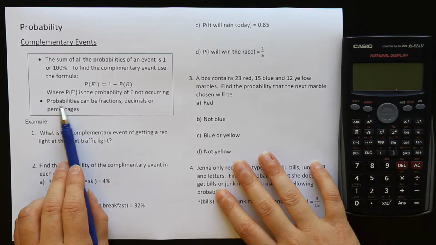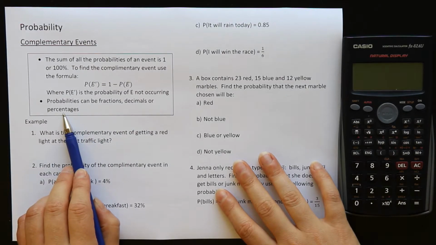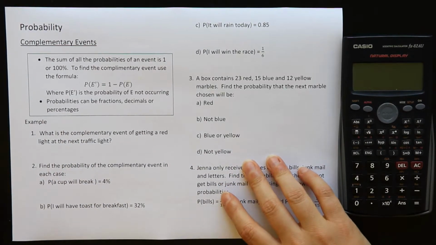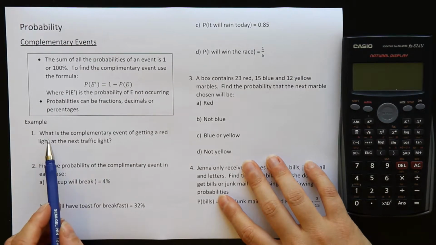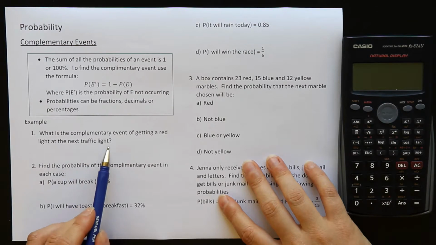Probabilities can be written as fractions, decimals, and percentages, and we're going to be using all three of those types today. So let me show you how to use the formula and the type of questions we're going to be doing. This first question is not using the formula, it's a word answer that we're expecting. It says, what is the complementary event of getting a red light at the next traffic light?